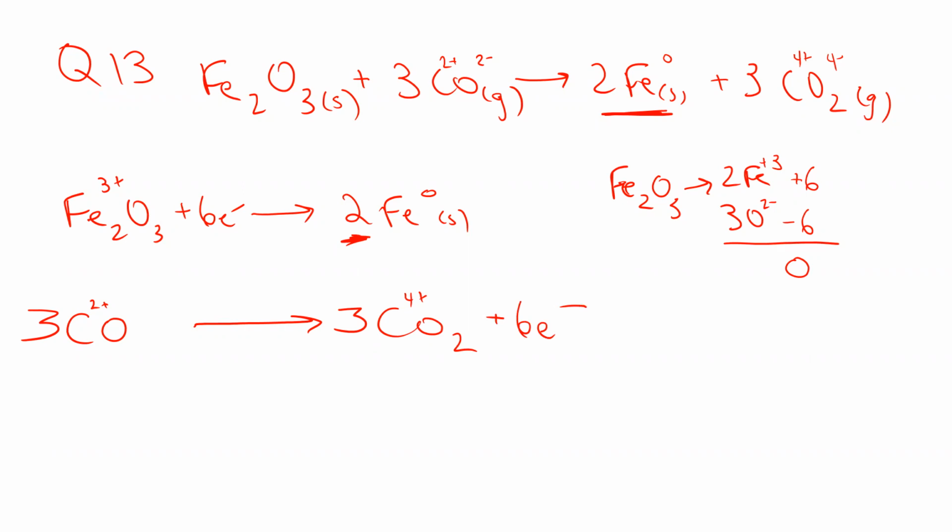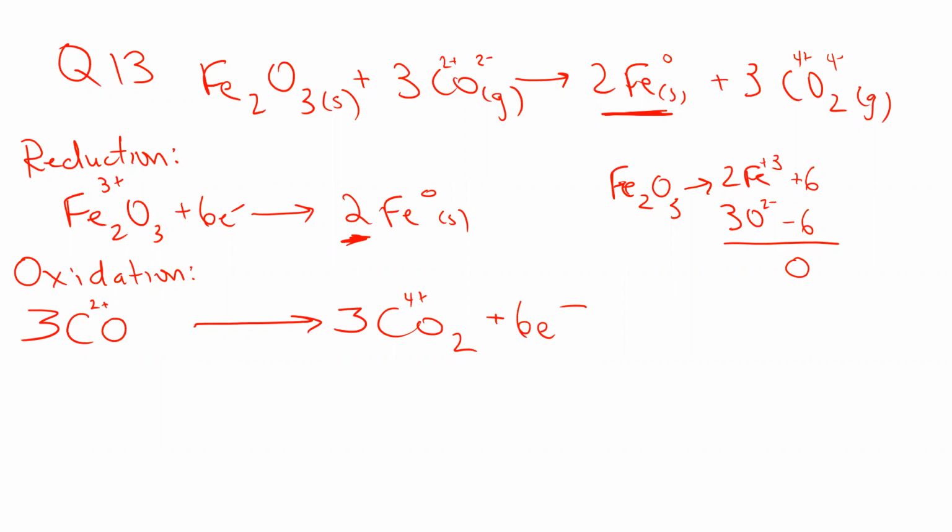So iron is gaining electrons, that's my reduction reaction. Iron is being reduced. And in my oxidation half reaction, carbon monoxide is being oxidized because it's losing electrons.